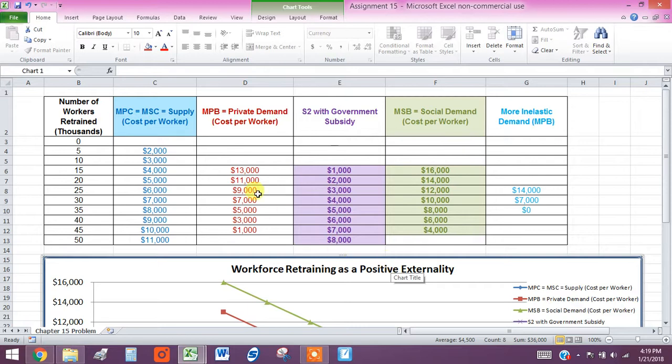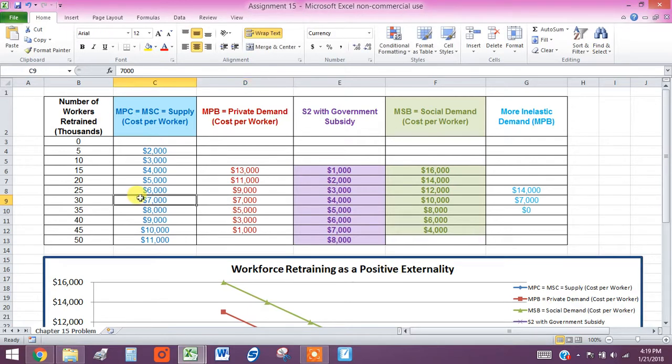This is the market equilibrium here, and this is the equilibrium with subsidy right here, which means the consumers, the workers who are enrolling in this program, are saving $2,000.